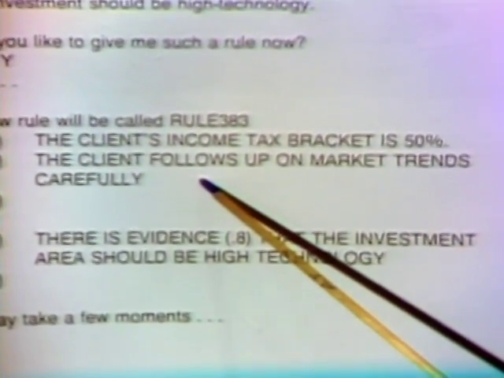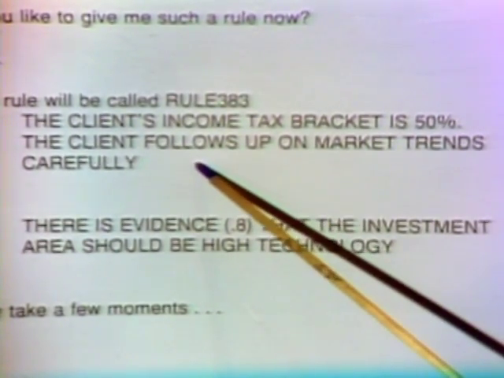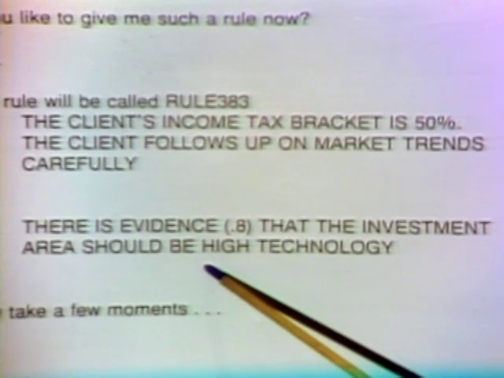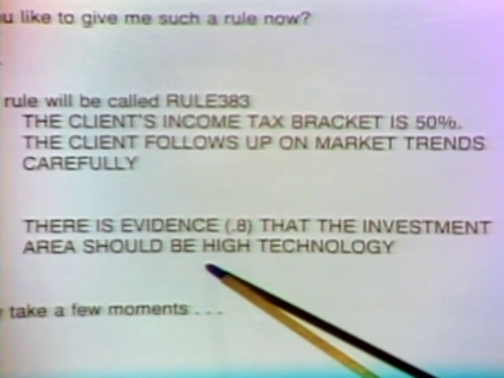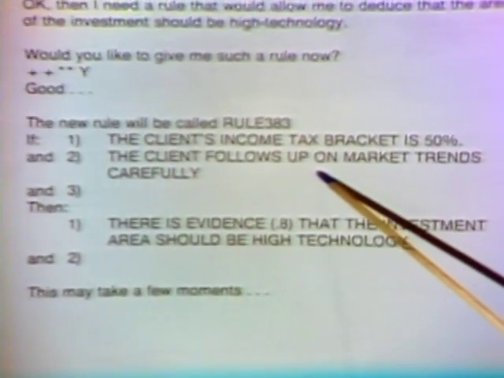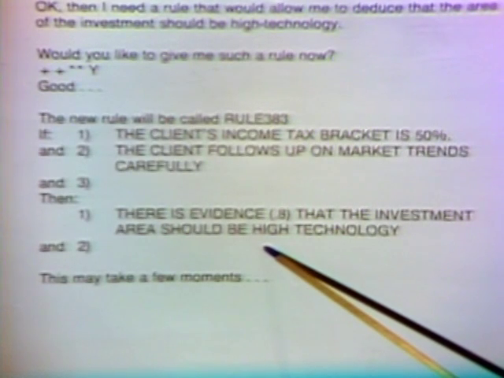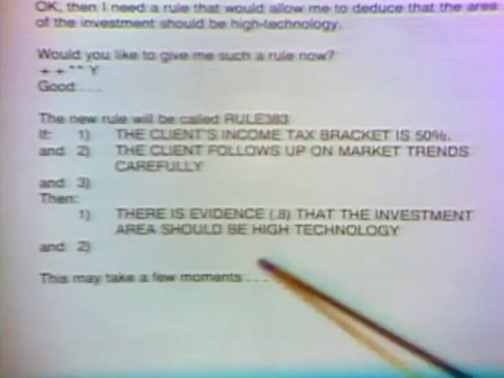He says, in this case, if you're in the 50% income tax bracket and you're somebody who closely follows the market, then that's evidence that maybe the high technology area is a good place for you to invest in. So in effect, what we're saying is if you have a lot of money and you're willing to be careful about how it's invested, spend some time following the market, then maybe high technology is a good place to go looking for the appropriate sorts of investments for you.